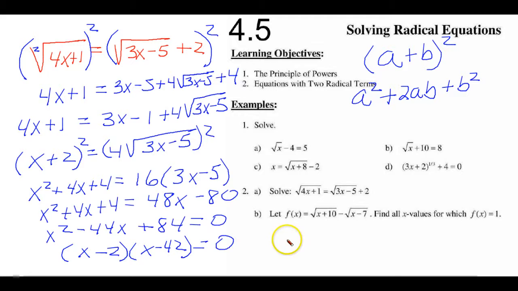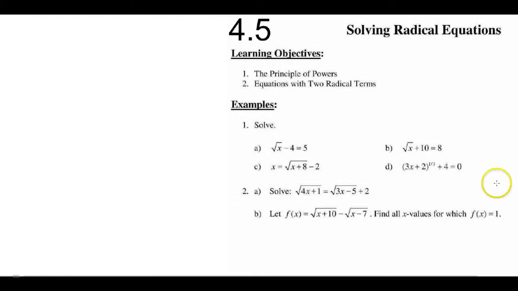So for a solution, we get x equals 2, equating this to 0 here, or x equals 42. And actually both of these check. Okay. Wow. Lots of stuff going on.